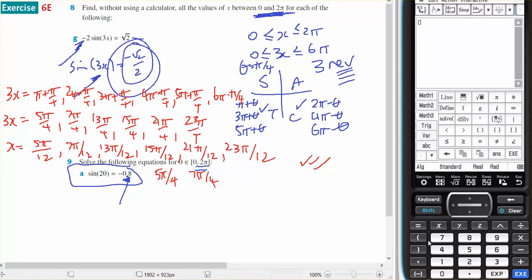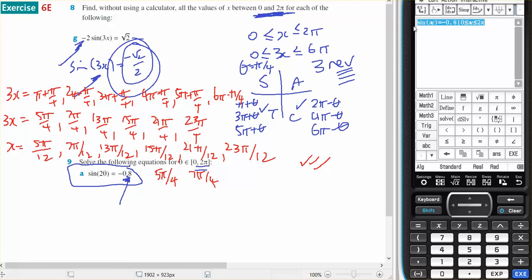So I will have the sine of 2x equals negative 0.8, given that x goes from 0 to 2 pi.